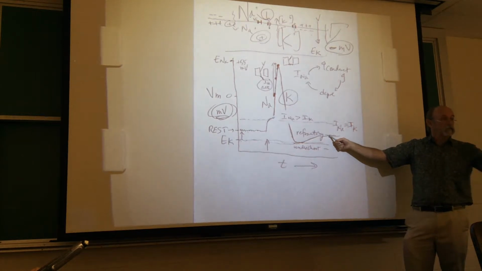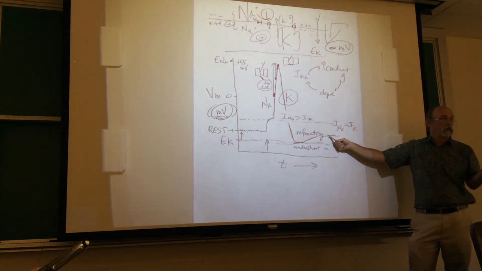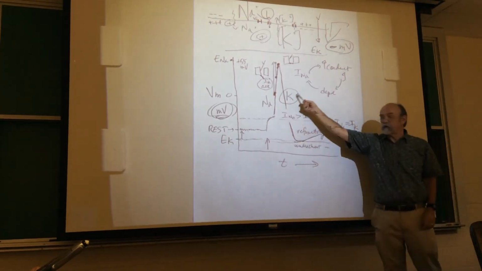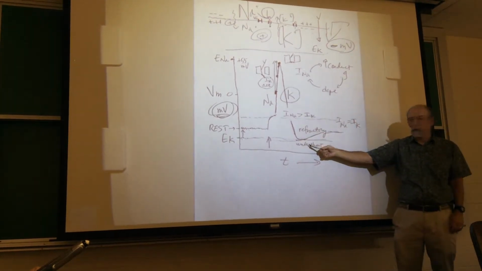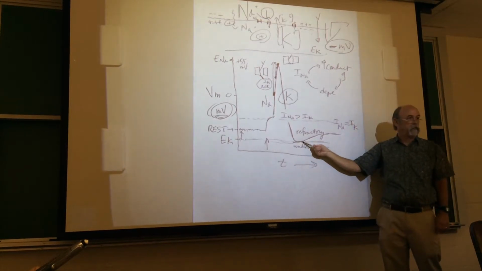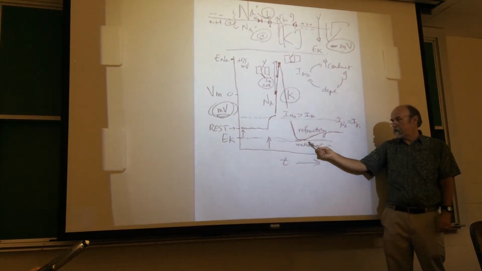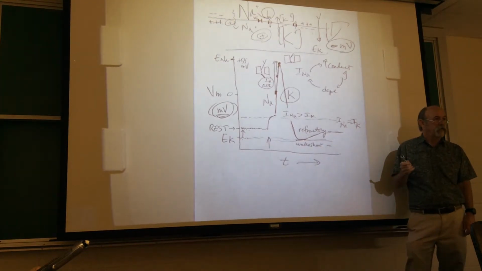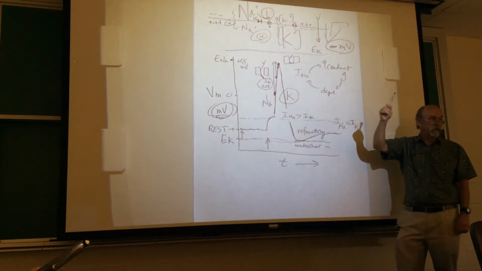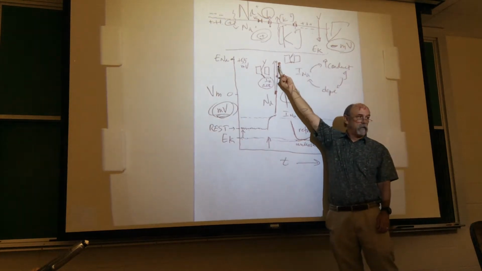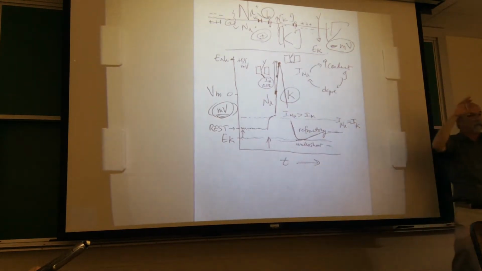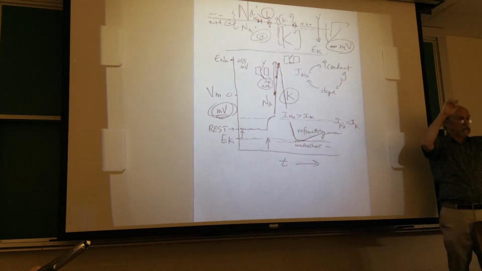Potassium channels are closing, but the voltage sensitive ones are. So they also inactivate. They open with a delay and they inactivate with a delay. But they inactivate down here after a bit of time because they're sensitive to the fact that the inside is negative and that causes inactivation. The sodium channels sense that the inside is positive, so they inactivate. So these two channels have different nature of their sensors.